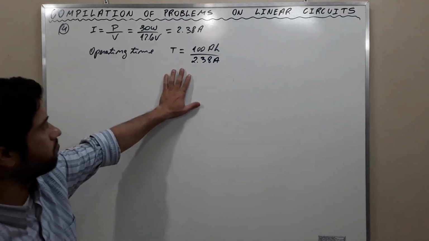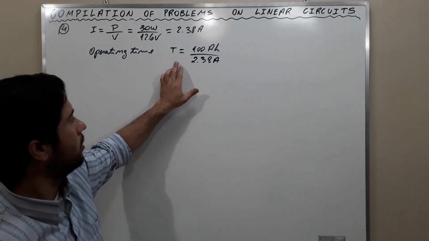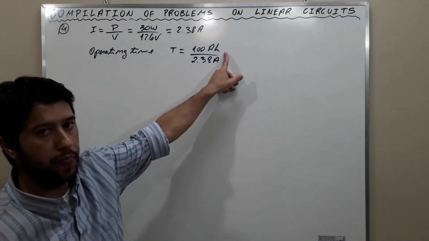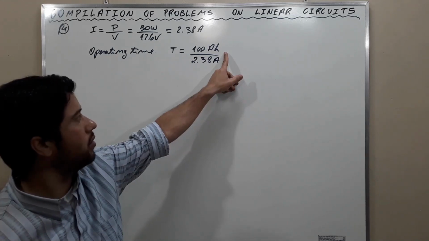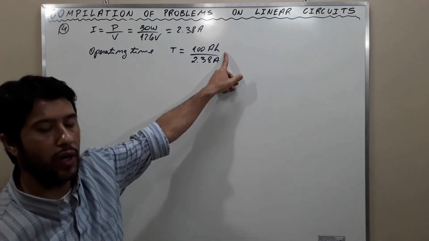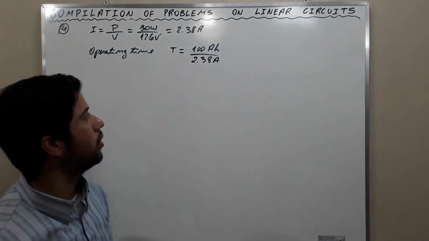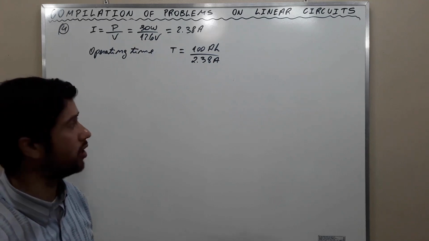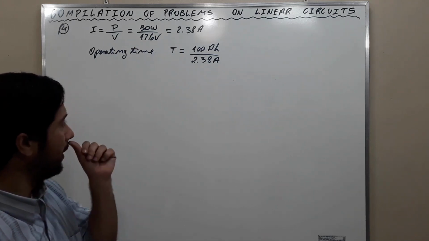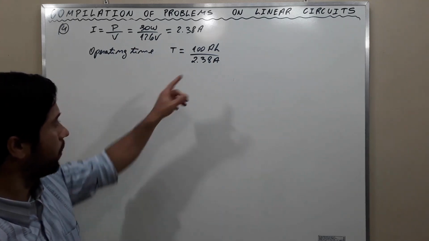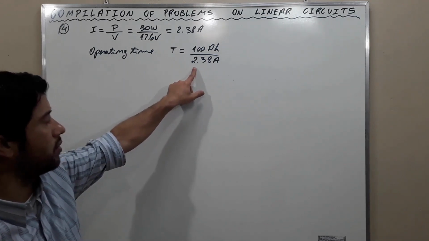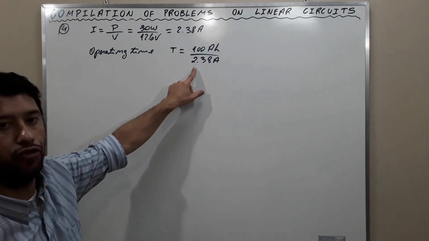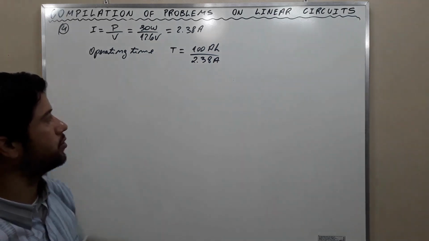Do you understand here? The battery can deliver this amount of current, 100 ampere hour, okay, until it is fully discharged. And the current that the battery is actually delivering is 2.38 amps.